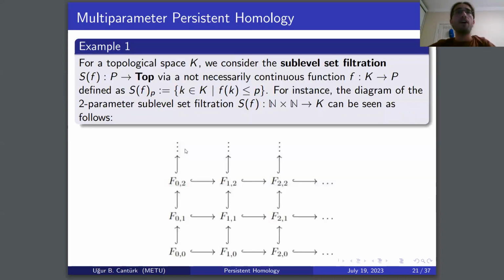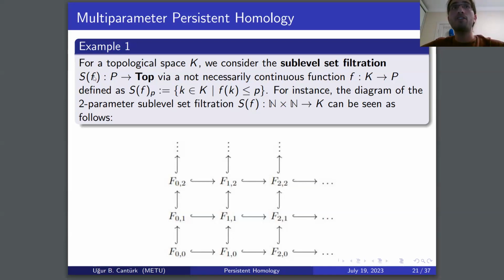Now, let me give an example, which is one of the general methods of obtaining filtrations. We have a topological space K, let us say, and we obtain a sub-level set filtration. We start with a function from K to P. This is given for us. We have a function from our topological space to P, and we consider a kind of inverse image. We define each spot of our filtration in this form.